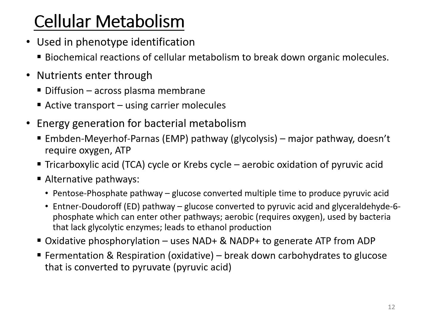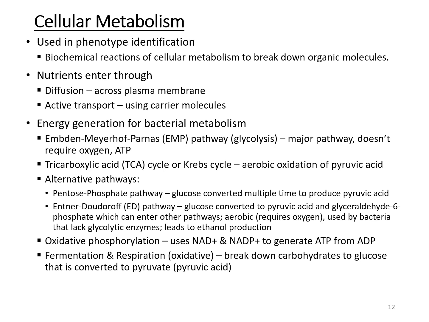It is the major pathway that most of the organisms we're going to discuss will use. This pathway does not require the use of oxygen, and it will ultimately end with the generation of ATP. Now, the tricarboxylic acid cycle, otherwise known as the Krebs cycle, is an aerobic oxidation of pyruvic acid.